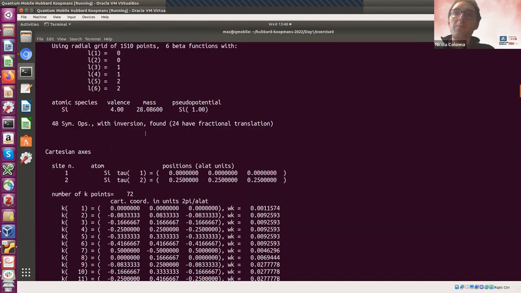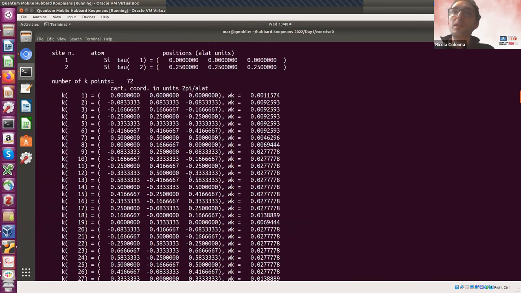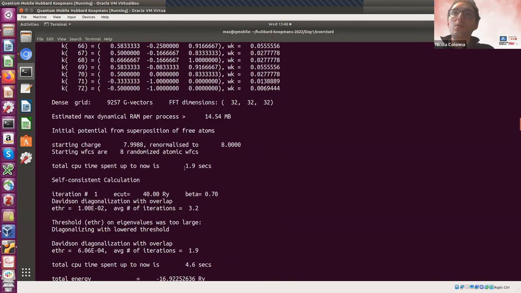This is a summary: found 48 symmetry operations, and those are used to speed up the calculation and reduce the number of inequivalent k-points in the sampling. Indeed, if you remember, we specified a regular grid of 12 by 12 by 12, but thanks to these symmetry operations, only 72 inequivalent k-points need to be computed, and this is where the code lists those.